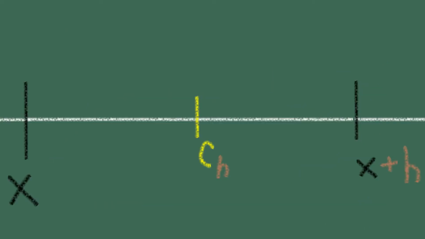The little h as the subscript on the c simply indicates that we can find a value c for each value h that we want, hinting that we will in fact end up looking at different values for h.